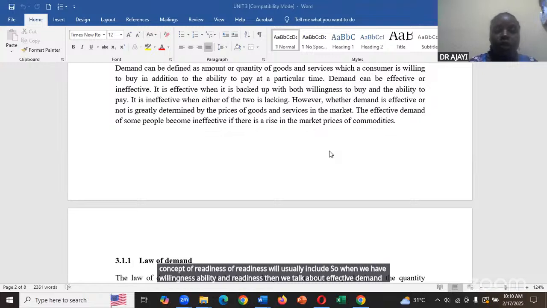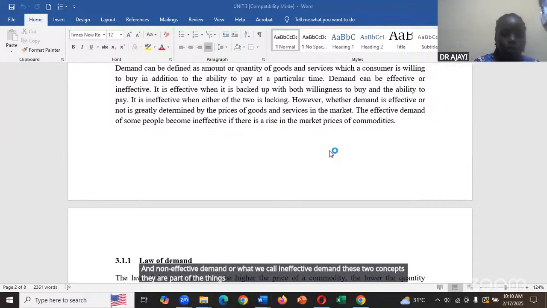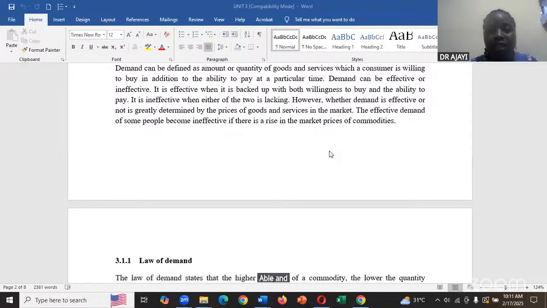So if you are jotting down, differentiate between effective and non-effective demand, or what we call ineffective demand. These two concepts are part of the things we want to be familiar with. So anytime we define demand as the quantity that a consumer is willing, able, and ready to buy at a given price and at a particular time, we are indirectly talking about effective demand.